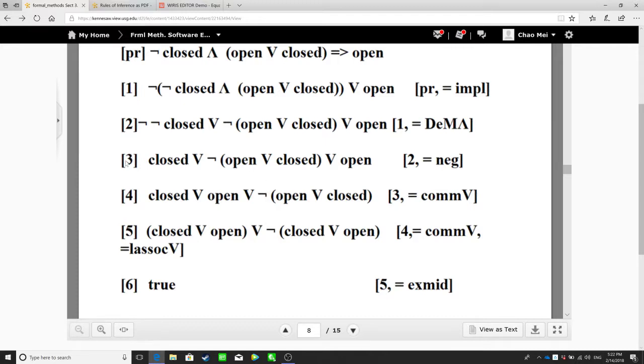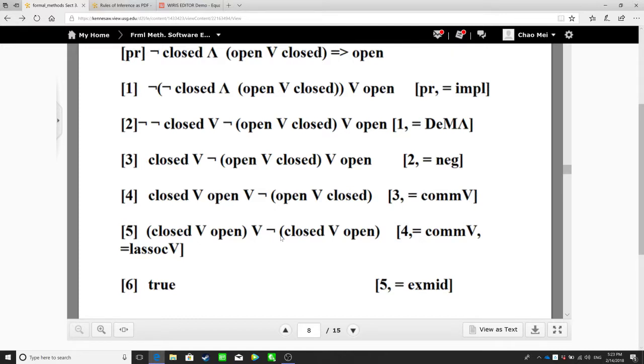From number 3 to number 4, what we did is we just changed the order, and from number 4 to number 5, we group this closed and open, and then we find that this is closed and open, or negation closed or open.